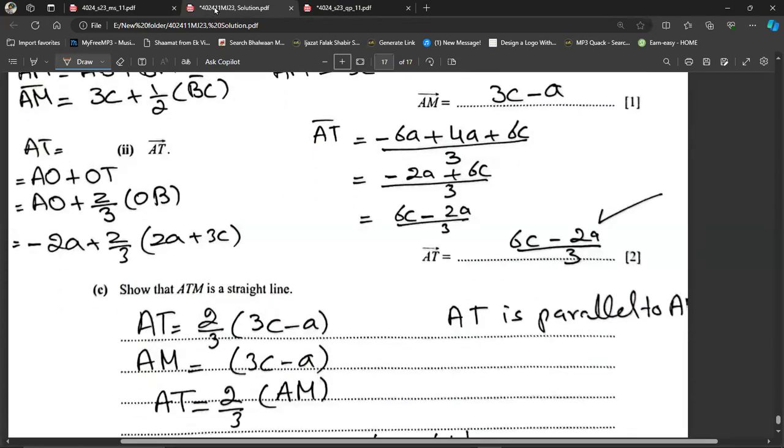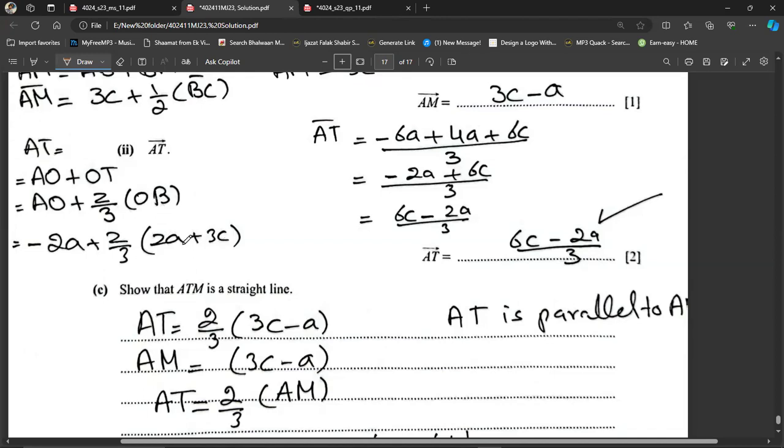So AT is equal to AO plus OT, which is 2 by 3 of the OB. And we know the value of the OB. So AO is minus 2A, plus 2 by 3 of the 2A plus 3C. OB is 2A plus 3C. That was the first part.